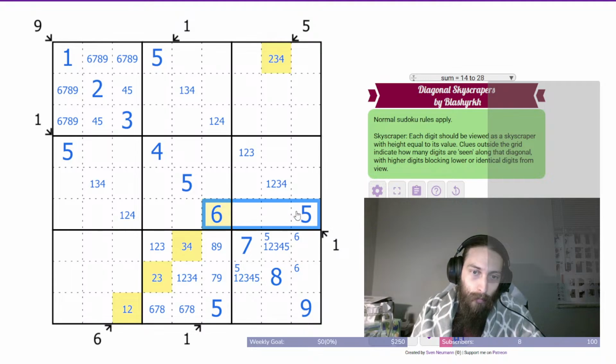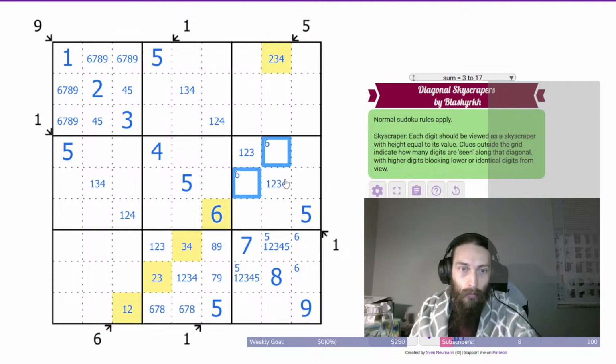Well, we see 6 sees the bottom of this and the side of that, so 6 is one of those two.